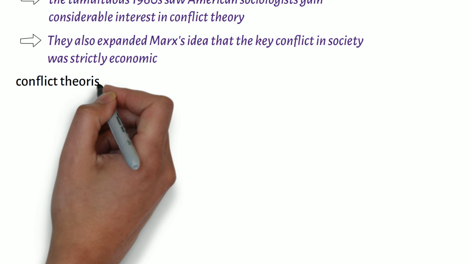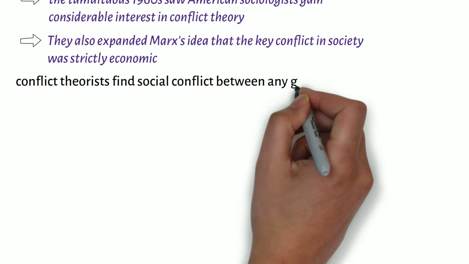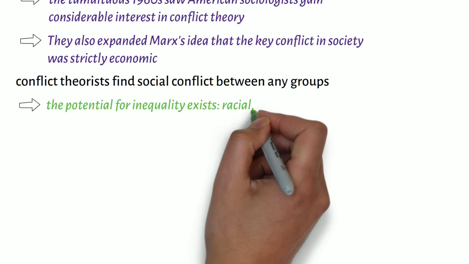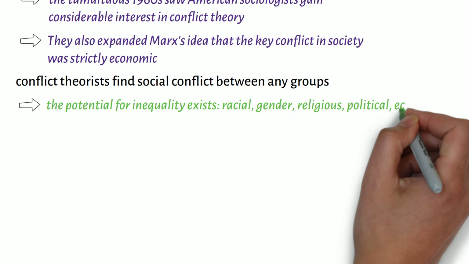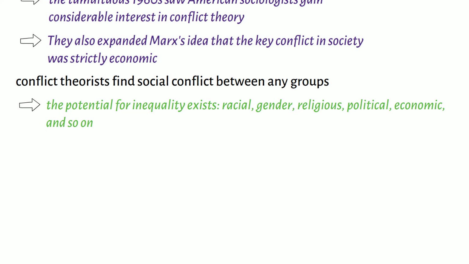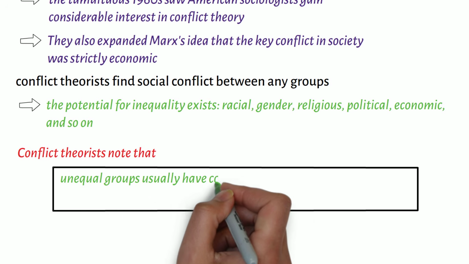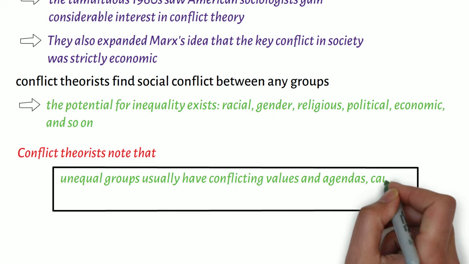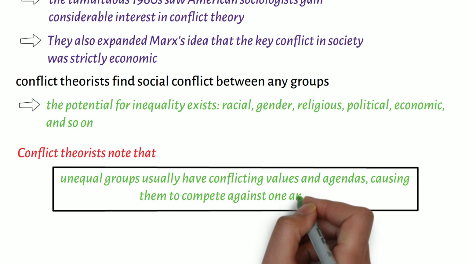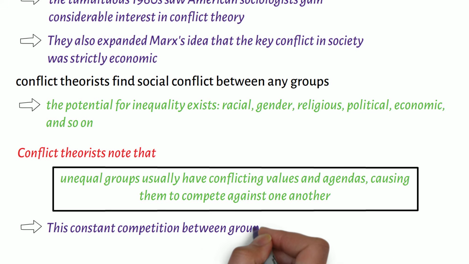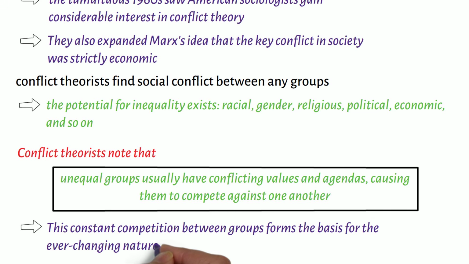Today, conflict theorists find social conflict between any groups in which the potential for inequality exists: racial, gender, religious, political, economic, and so on. Conflict theorists note that unequal groups usually have conflicting values and agendas, causing them to compete against one another. This constant competition between groups forms the basis for the ever-changing nature of society.